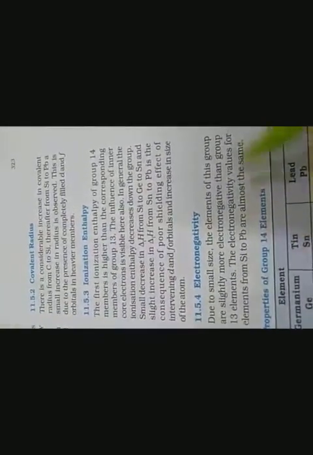Now next, electronegativity. Due to small size, the elements of this group are slightly more electronegative than group 13 elements. More electronegativity, because I taught you in this period electronegativity, C +1 less electropositive, +4. See, in comparison, 13 and 14 are more electronegative.